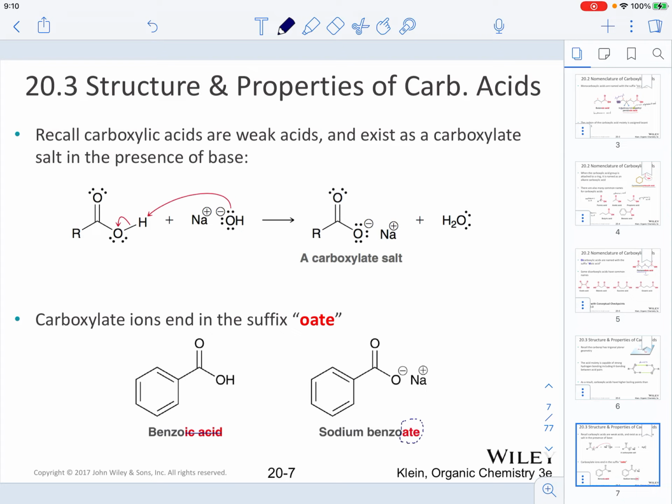In the beginning, we add the name of the metal because it can be paired with any cation: sodium, lithium, potassium, anybody from 1A or even 2A. But understand that most commonly when these reactions occur, we are using strong bases that come from hydroxides and metals in group 1A in the periodic table.